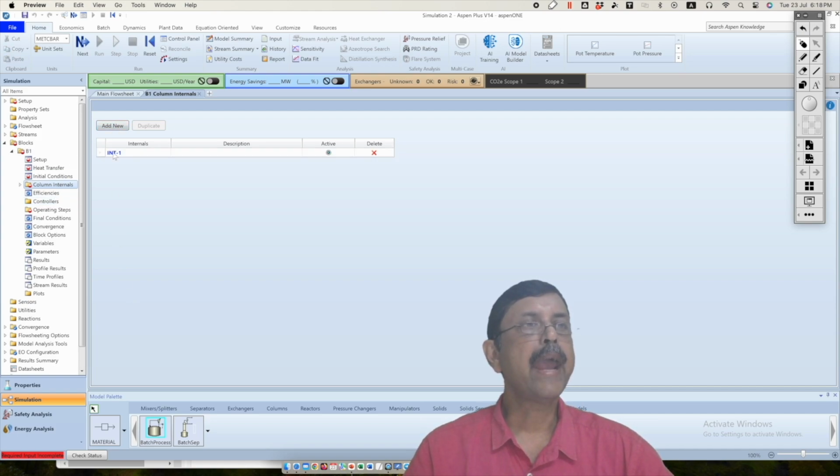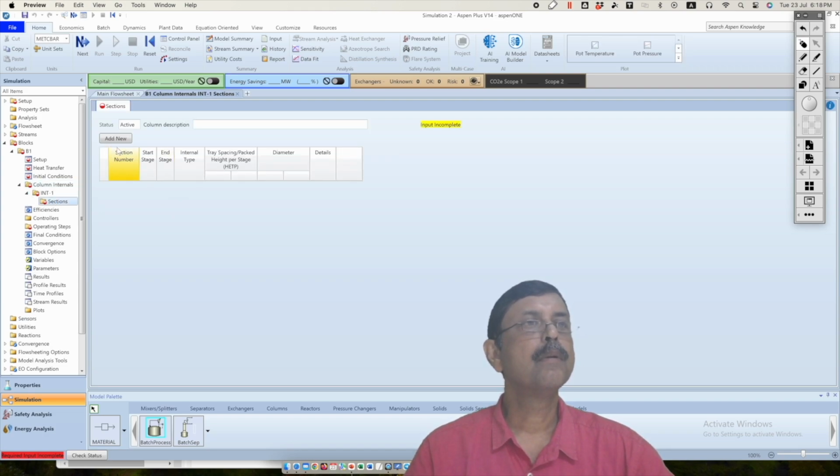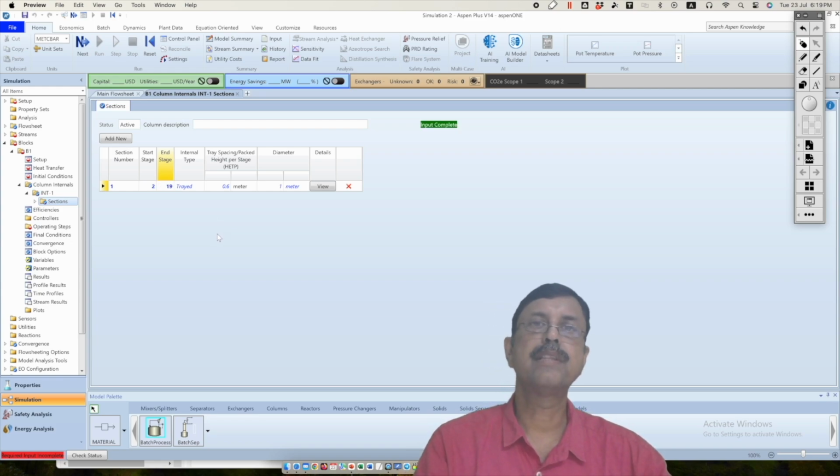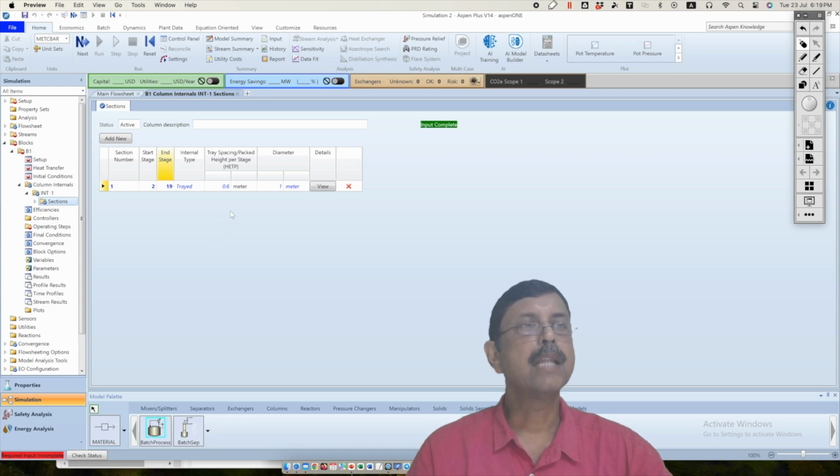So you have to add new, and once you come over here, you have to add the section. So section number 1, you can say from 2 to 19. You have to leave out the condenser and pot. Other than that, from 2 to 19, you can either choose tray type or pack type.